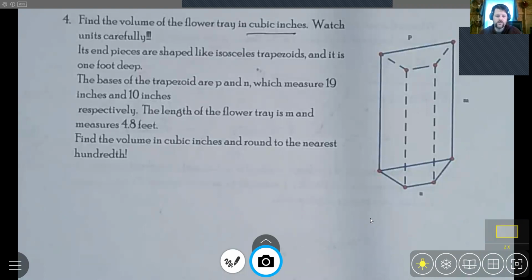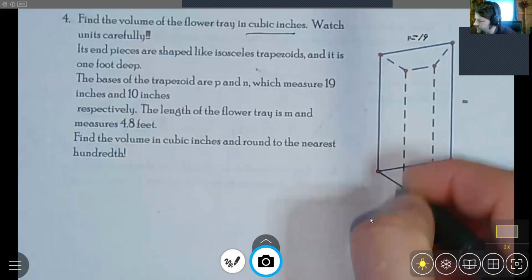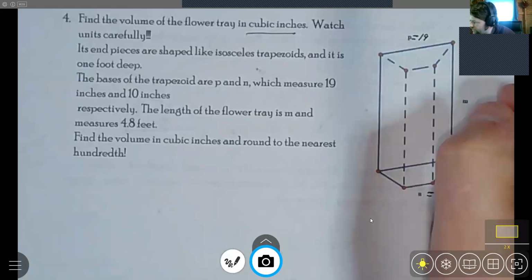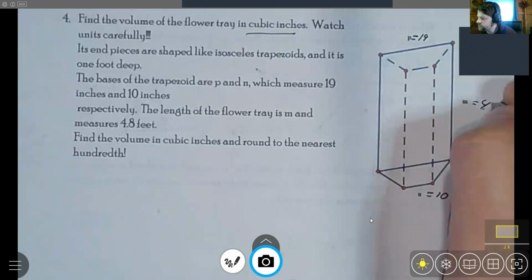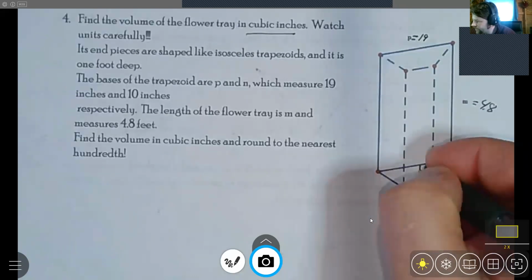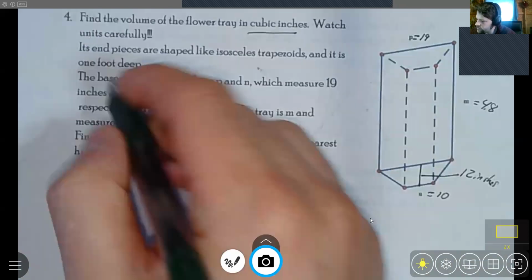The bases of the trapezoid are P and N, which measure 19 and 10 in my case. So this is 19 and this is 10. And then it's 4.8 feet long. So this measurement here is 1 foot, which is 12 inches. It says it's 1 foot deep.